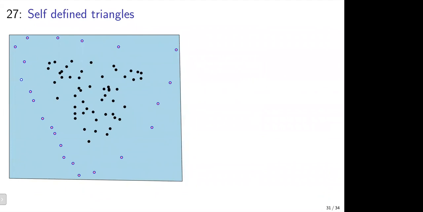So instead of looking at canonical triangles, we're looking at different subsets. We call them self-defined triangles. And the important thing here is that I'm not defining the subset, I'm defining the triangle, right? Unlike the previous situation where we defined the subset, which was a canonical subset, here I'm going to define a triangle.